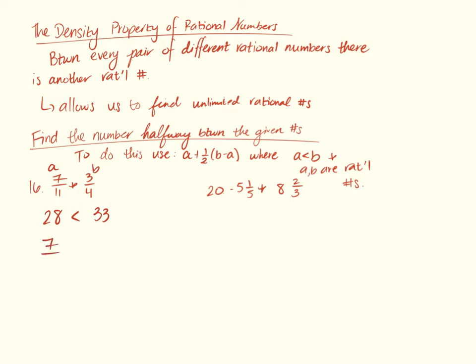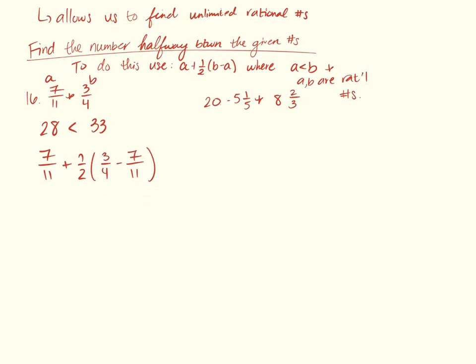So I've got 7/11 plus 1/2 times 3/4 minus 7/11. To subtract inside my parentheses, I need to get a common denominator, which is going to be 44. Okay, so that's going to be 33 minus 28 over 44.